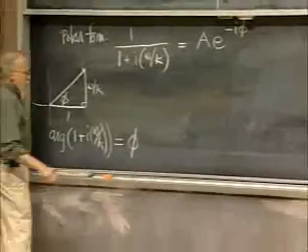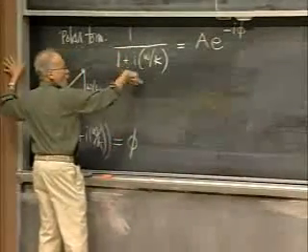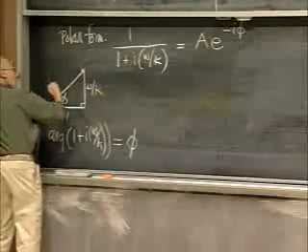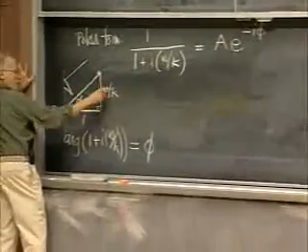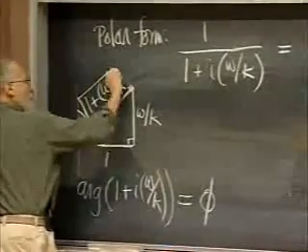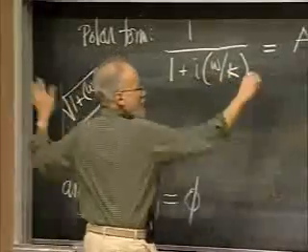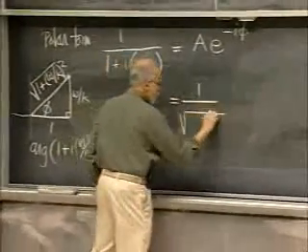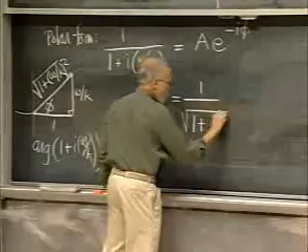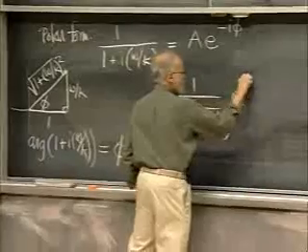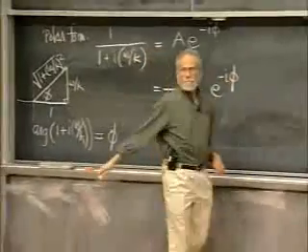And what's A? A is 1 over the absolute value of that complex number. Well, the absolute value of this complex number is the square root of 1 plus omega over k squared. So A is going to be 1 over the square root of 1 plus the quantity omega over k, squared, times e to the minus i phi.